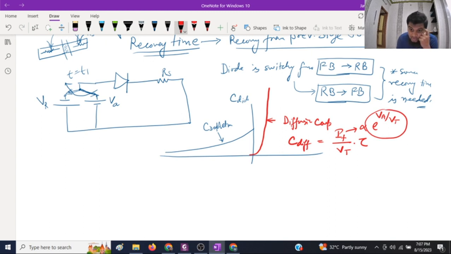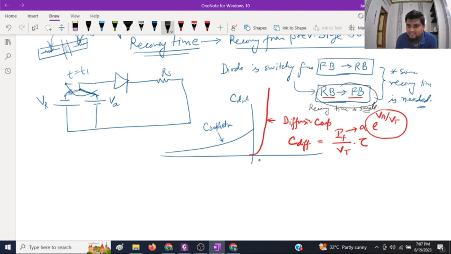Of course, the stored charge is more in forward bias as compared to reverse bias, and that's why the recovery time from reverse bias to forward bias is small.